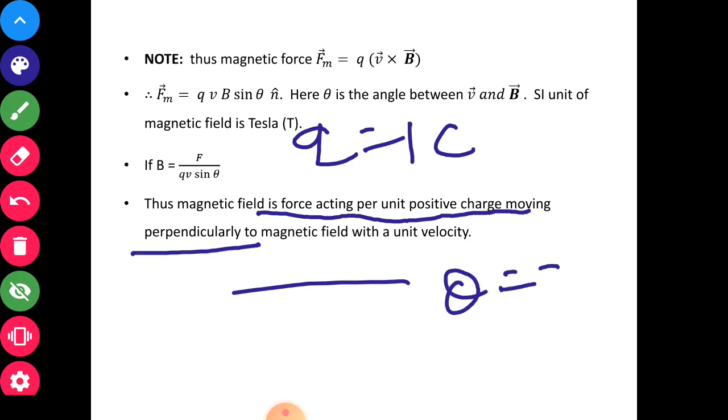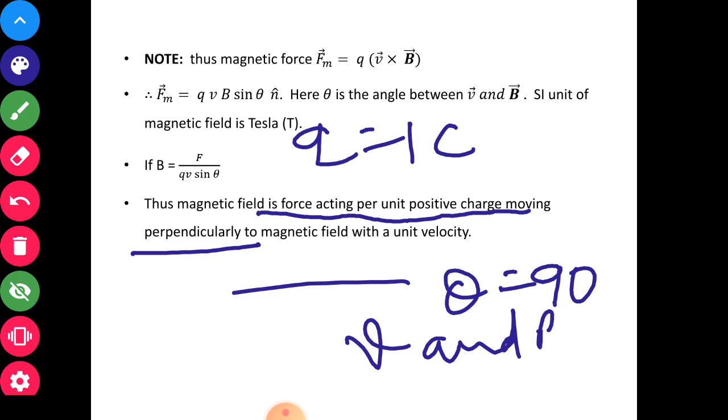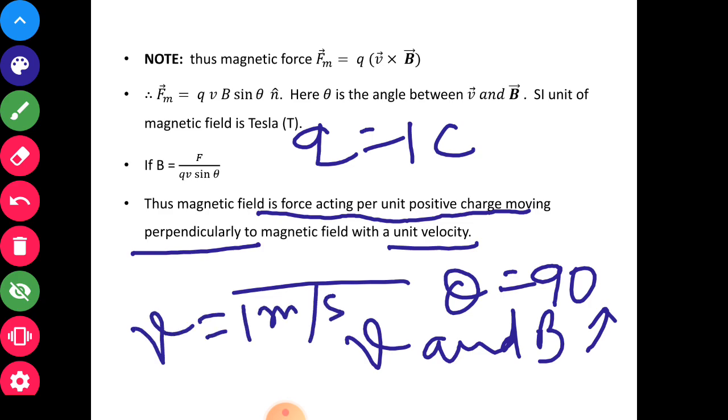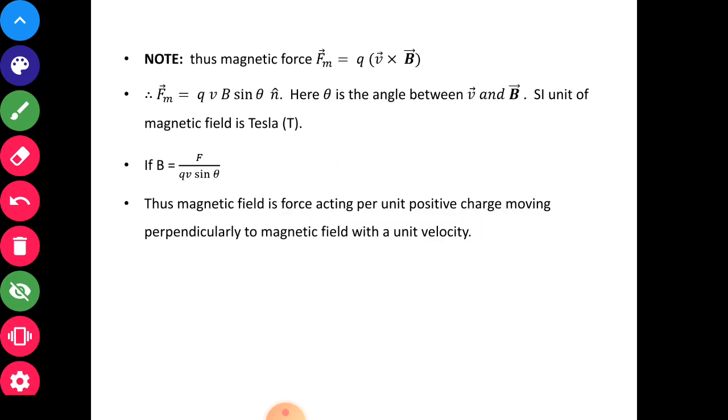Take theta equal to 90, so the angle between V and B is 90. The velocity is taken to be 1 meter per second. So what happens if you take all these things as unity?